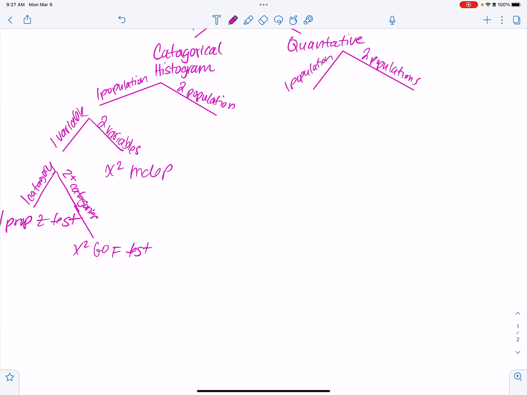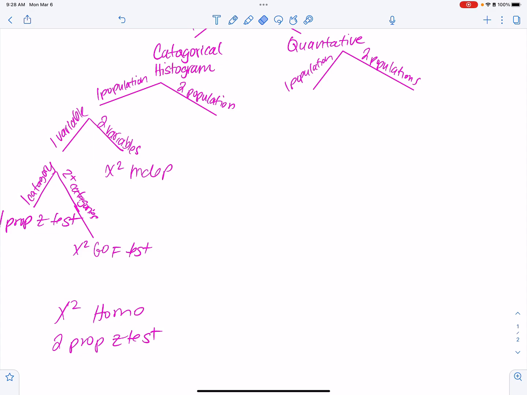Okay, so then let's keep going here with one variable, one population. The other ones we have, of course, are a chi-squared two-way test for homogeneity and a two proportion z-test. Those both have two populations.